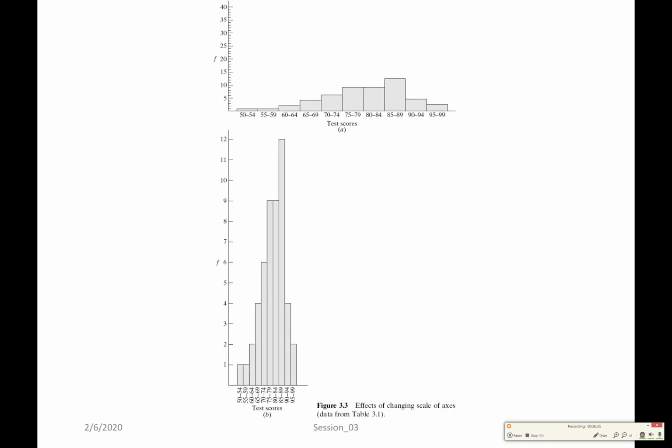Depending also on the ranges, these are the same distributions. So be mindful of what type of ranges you use, because if you use a wider range, it's going to look all spread out like that. But if you use a much narrower range, it's going to look pretty compressed like this. So always be mindful of how data is illustrated using histograms in terms of the ranges.